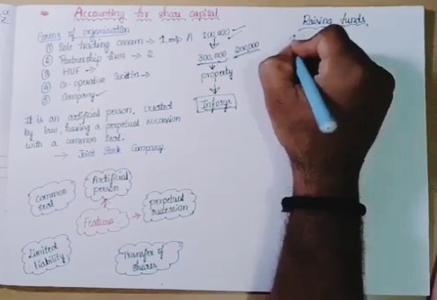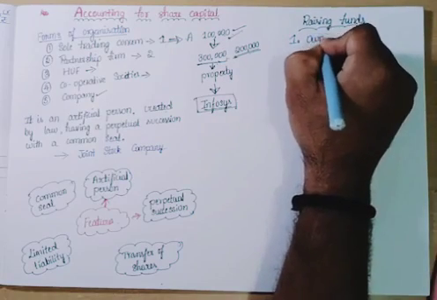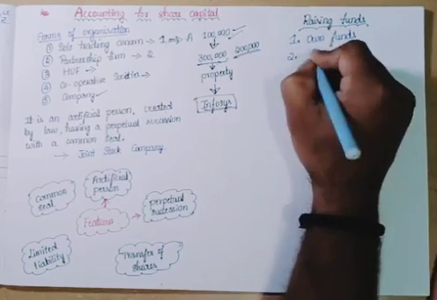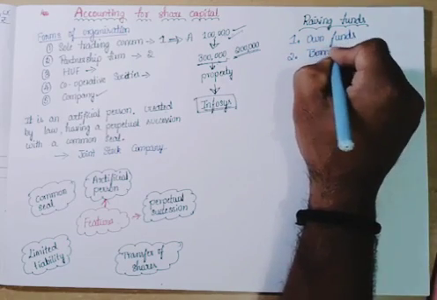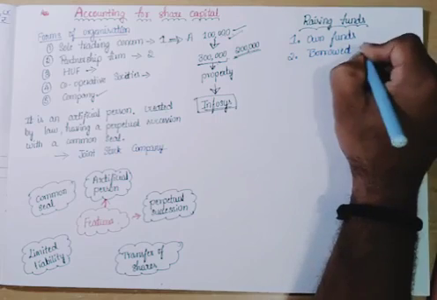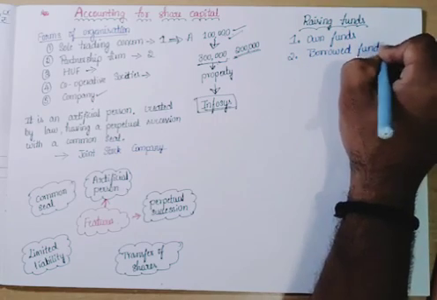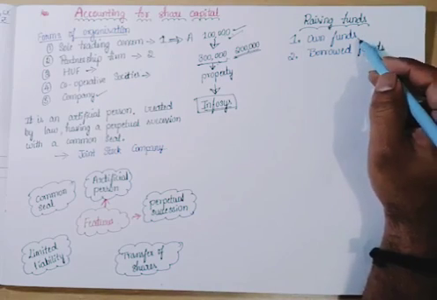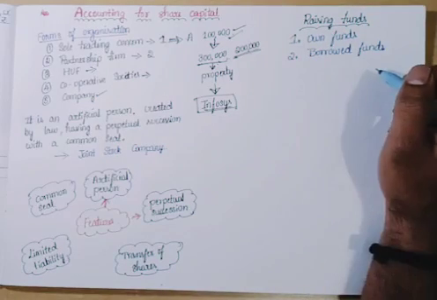One is own funds, and the second one is borrowed funds. So these are the two options we have to raise funds and start my business.